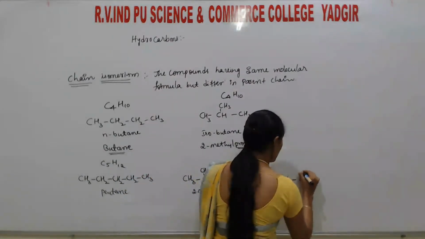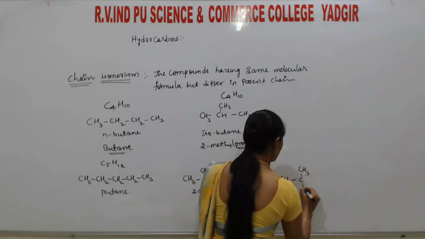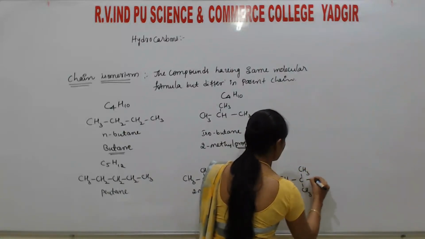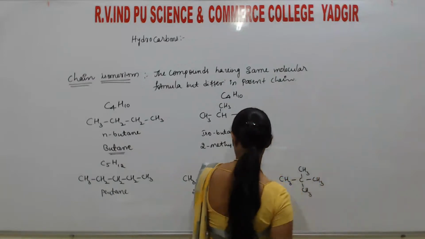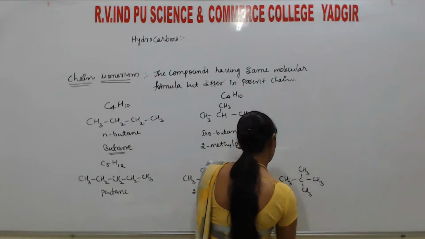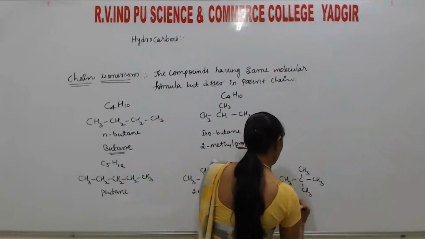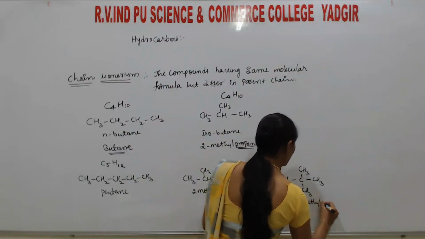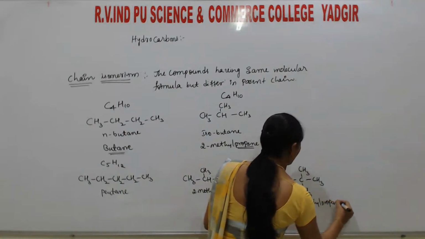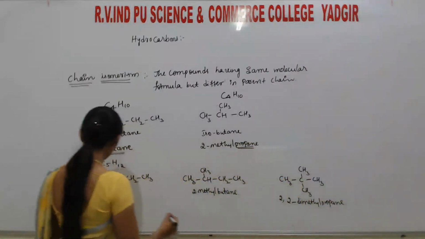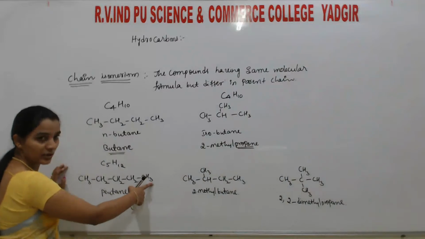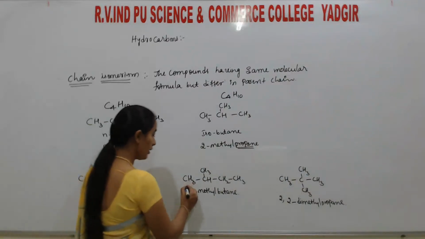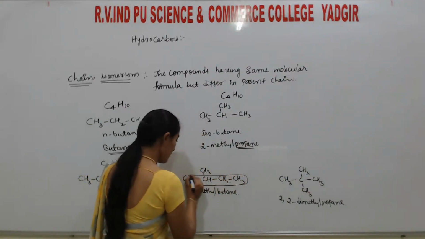Another one, CH3, C, CH3, CH3, CH3. This is 2,2-dimethyl propane. Okay, so students, here of course the straight chain is the parent chain. So pentane here, this is the parent chain.